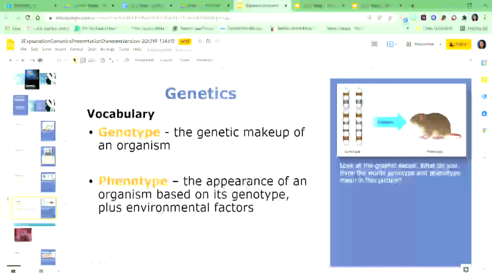So you can think of it as the physical characteristics or what you can see. So physical starts with a P and phenotype starts with a P. So in this example over here, the genotype, these are specific genetic codes, and the phenotype is what they express, or the physical things you can see.